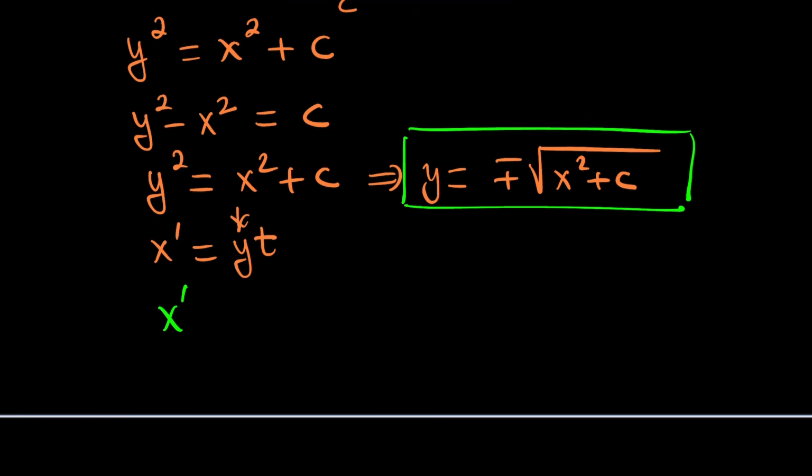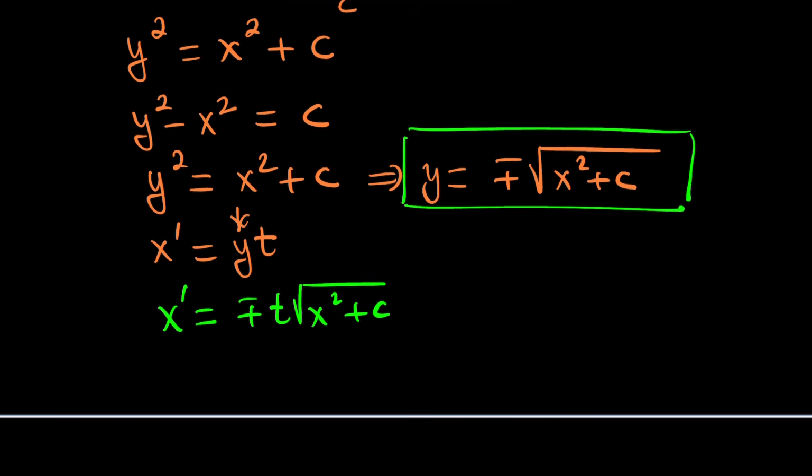We'll have t times plus or minus the square root of x squared plus c, which replaces y. Of course, the sign depends on the initial conditions, but we can ignore the minus sign and proceed with the plus sign.